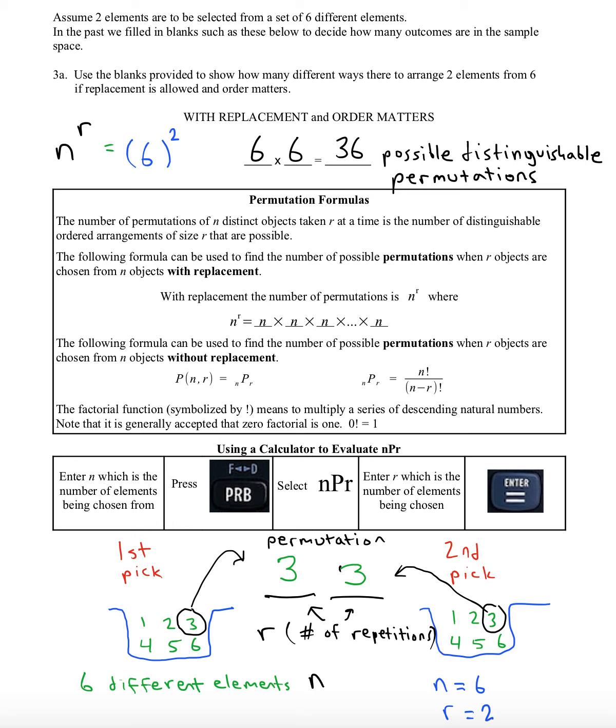And just to give you an example of what a factorial means, let's look at 6 factorial, which means 6 times 5 times 4 times 3 times 2 times 1. You just go down the list, subtracting 1 each time, and then multiply all those numbers. That's a factorial. We'll use that on the next page here, where we examine an experiment that's done without replacement.